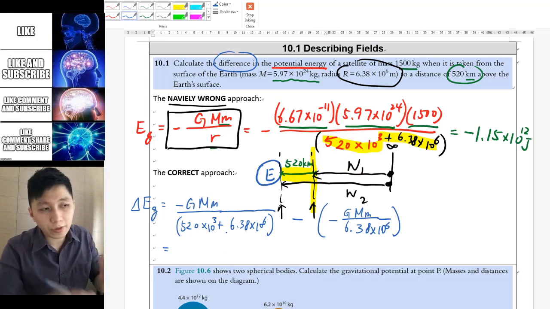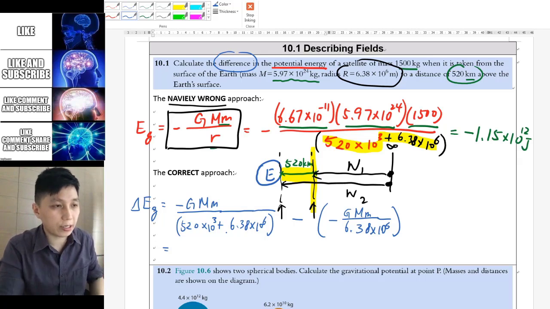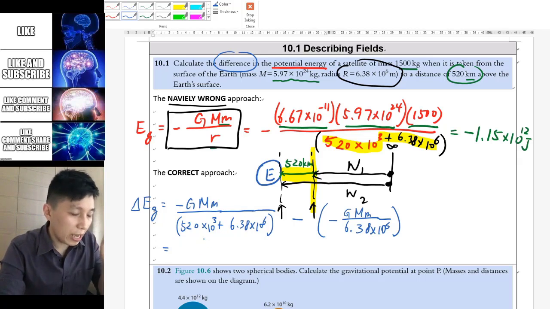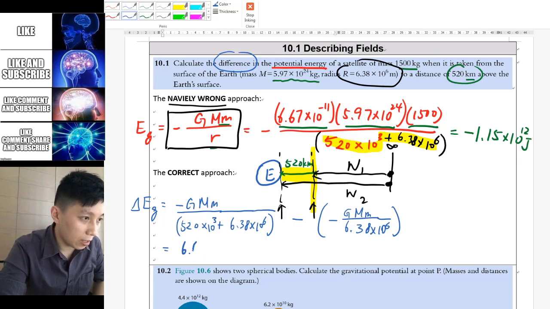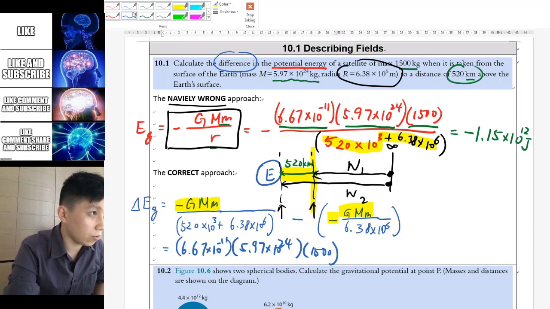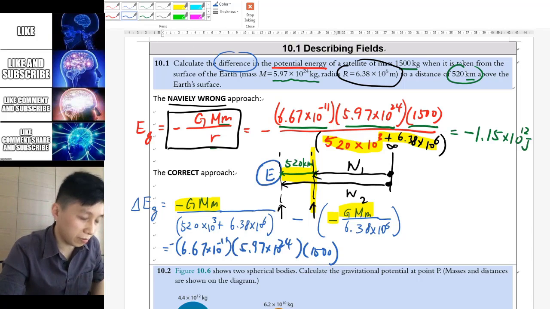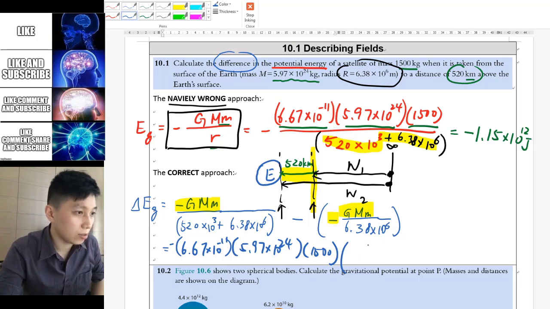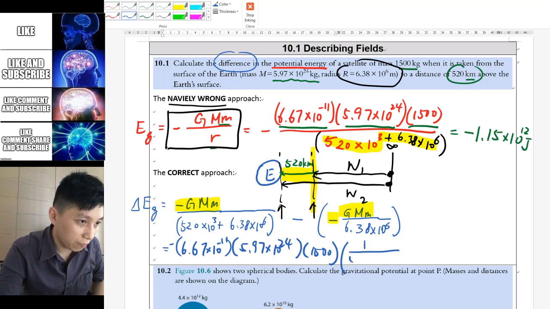Next, to save you some time when you press the calculator, you can extract the GMm out. So that's going to be 6.67 times 10 to the power of negative 11 times, basically all the things here, 5.97 times 10 to the 24 times 1500, because both terms will have these. I could take the negative out even, and then what remains would be 1 over 5.2 and so on, or I can press the calculator actually.